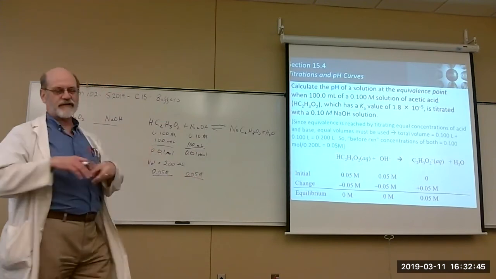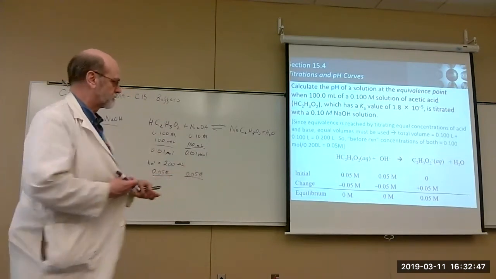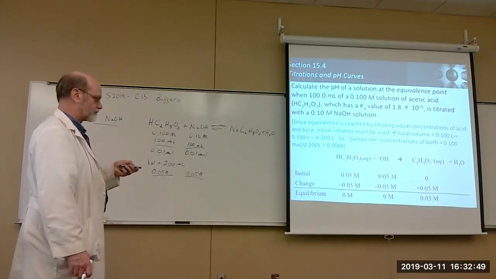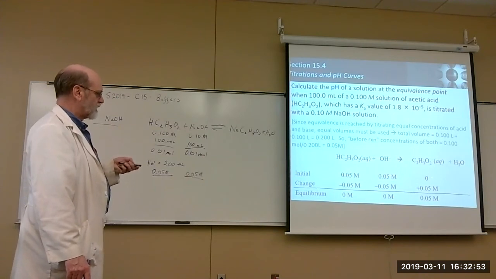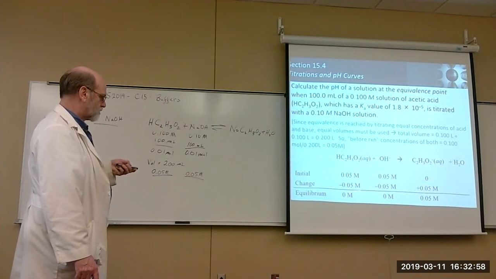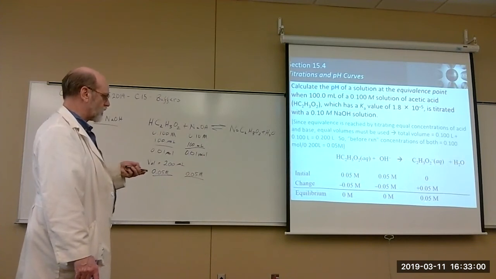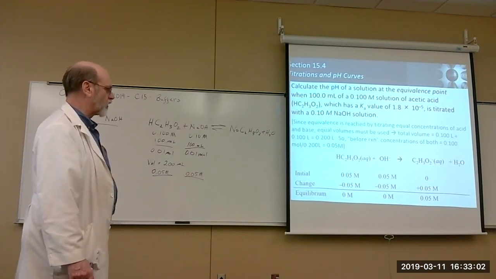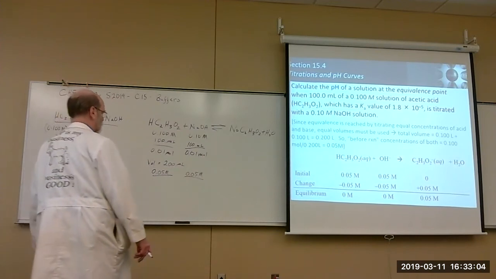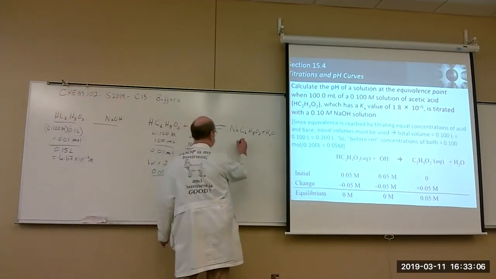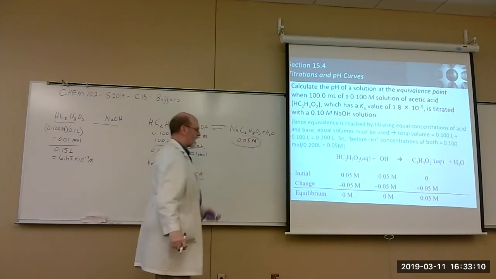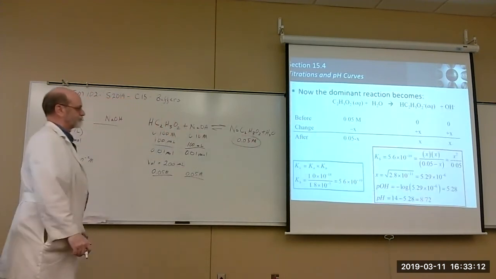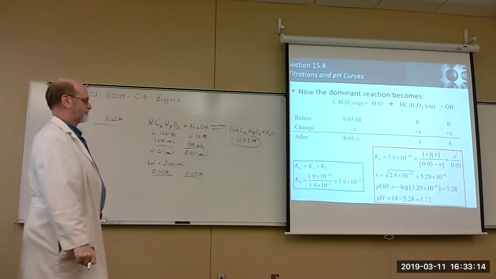We've just taken out the sodium ions as spectators. It's the same equation. We start off with this and this. There's nothing over here. Both of these cancel each other out, 0, 0, and we end up with 0.05 molar acetate after the reaction.